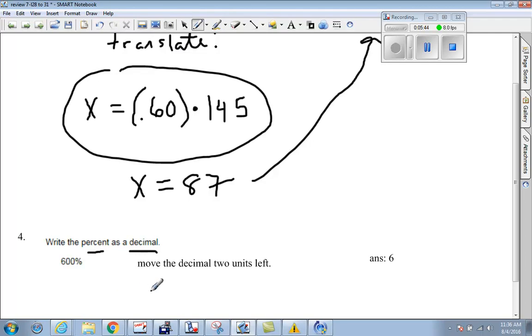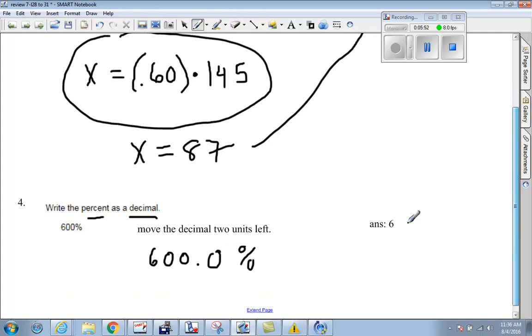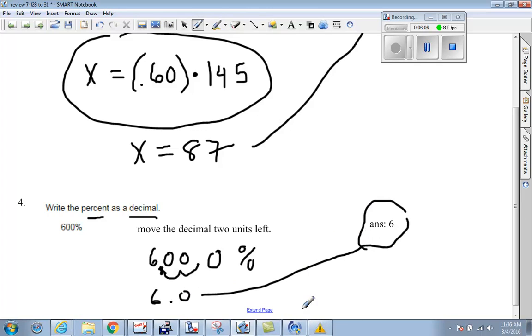Well, when you say 600%, you really mean 600.0%, right? So if we move that decimal 2 units to the left, 1, 2, we're going to land right here, 6.0. Well, 6.0 means the same thing as 6. Okay? So we do arrive at 6.